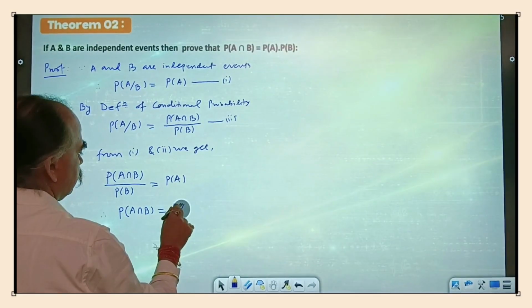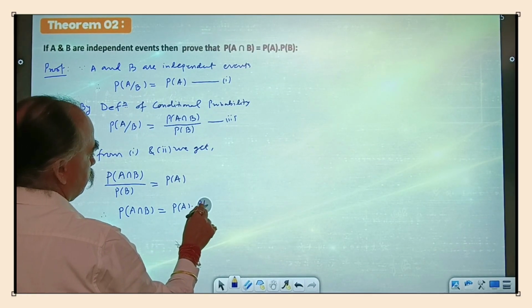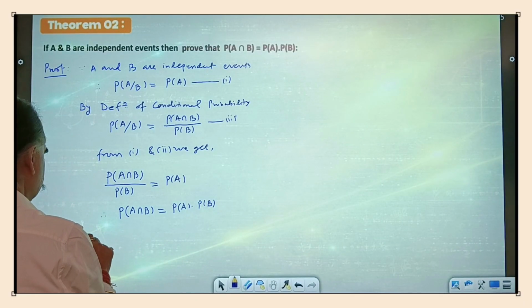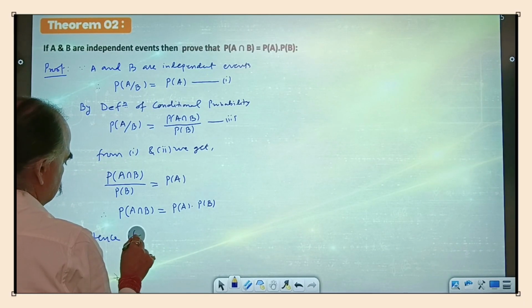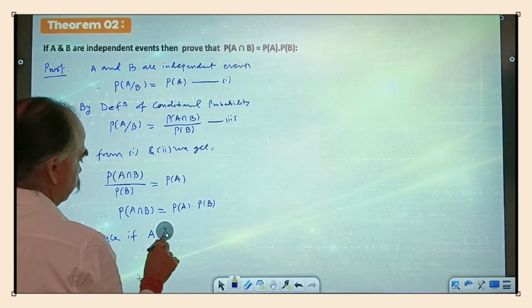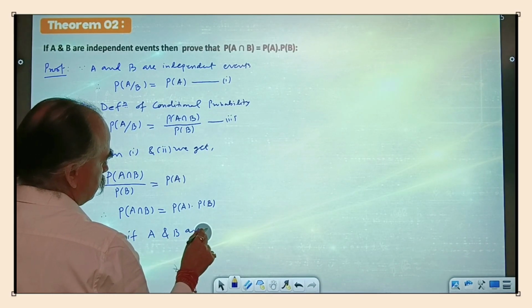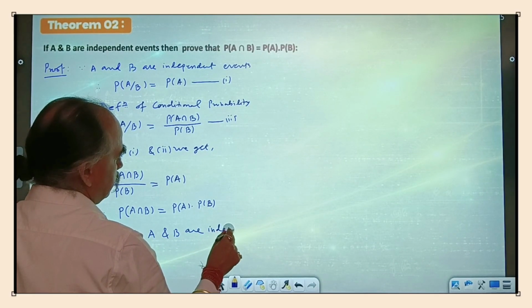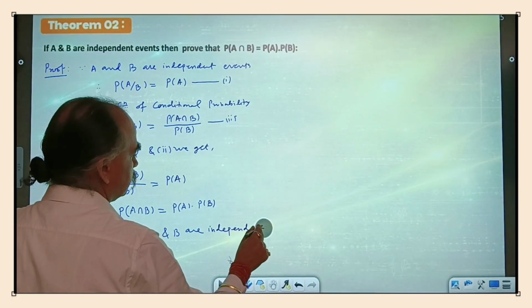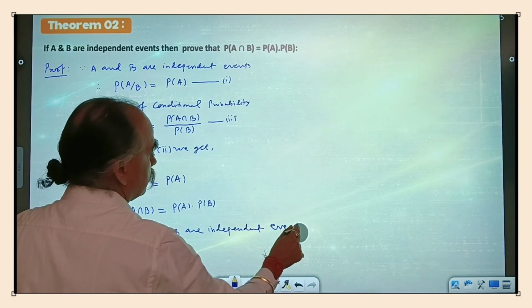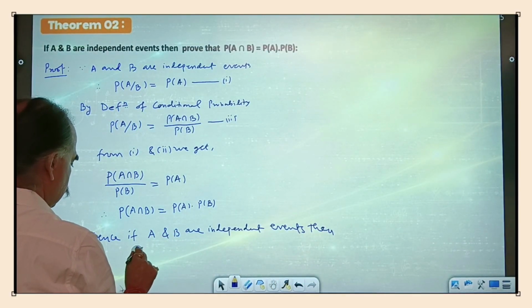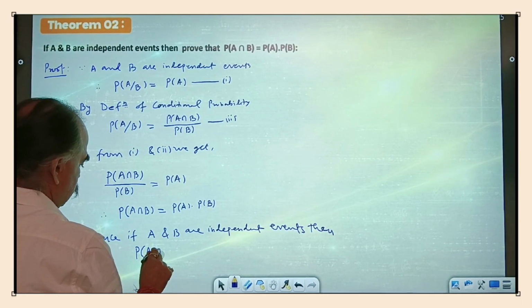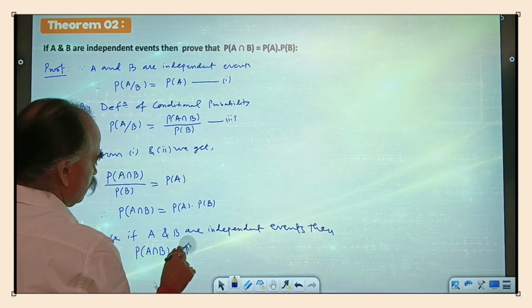P(A) into P(B). Hence, if A and B are independent events, then P(A intersection B) is what? P(A) into P(B).